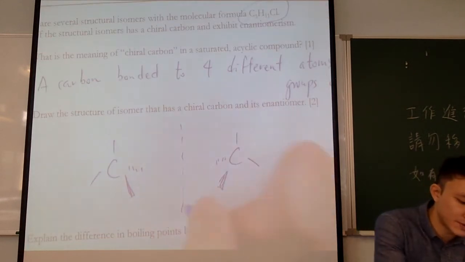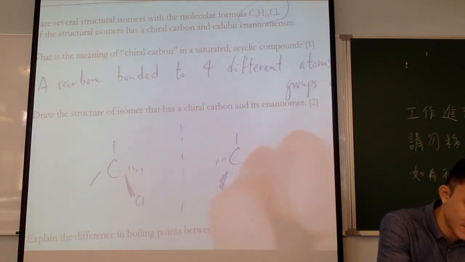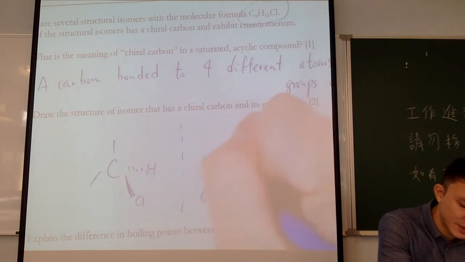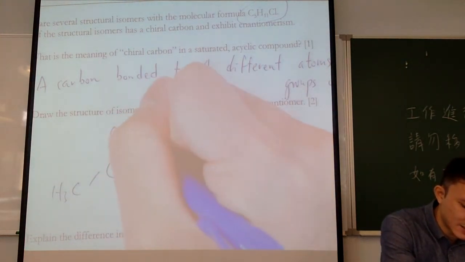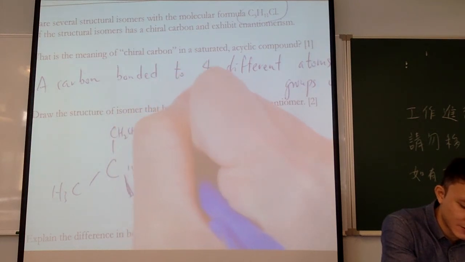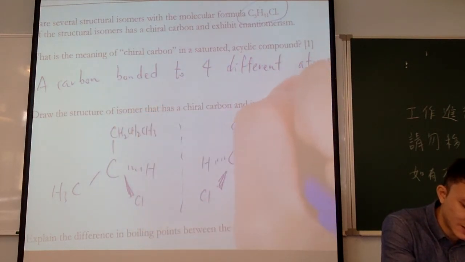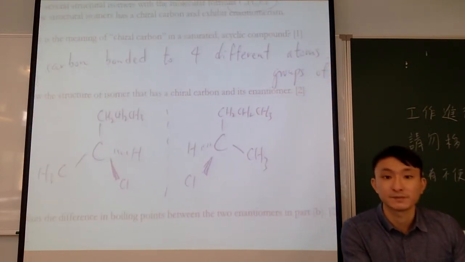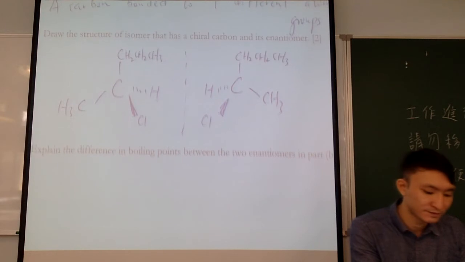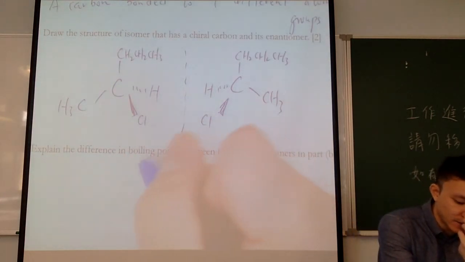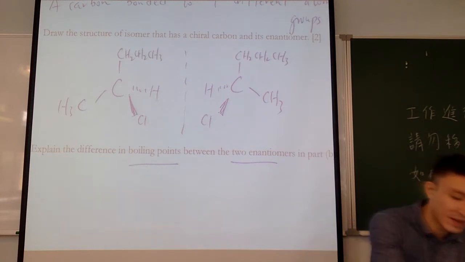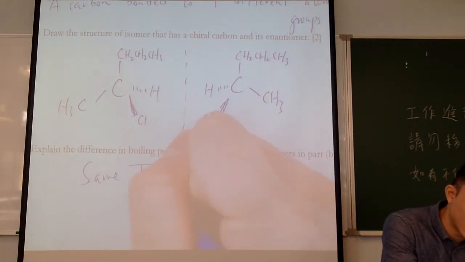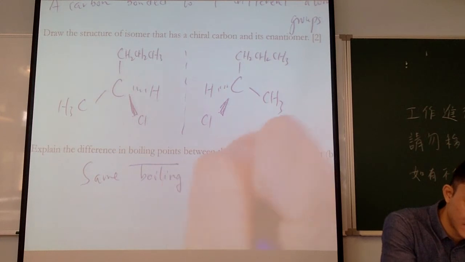Then I can choose to put down the chlorine here, the hydrogen here, the methyl group here, and the CH2CH2CH3, and the CH2CH2CH3. Okay, that's the idea. And then explain the boiling point between the 2 enantiomers. Now the difference will be they have the same boiling point. Okay.